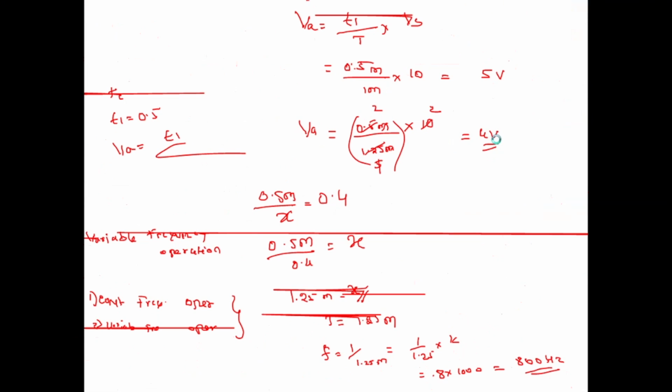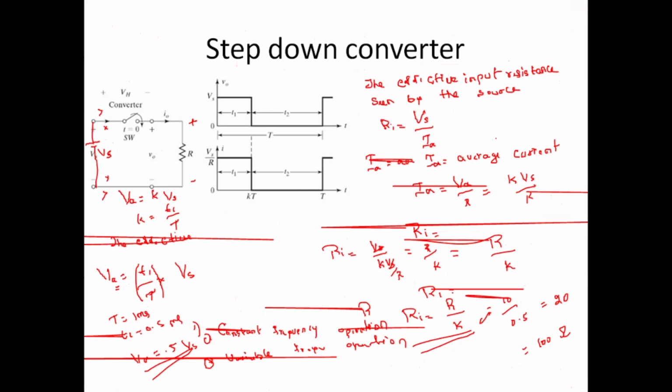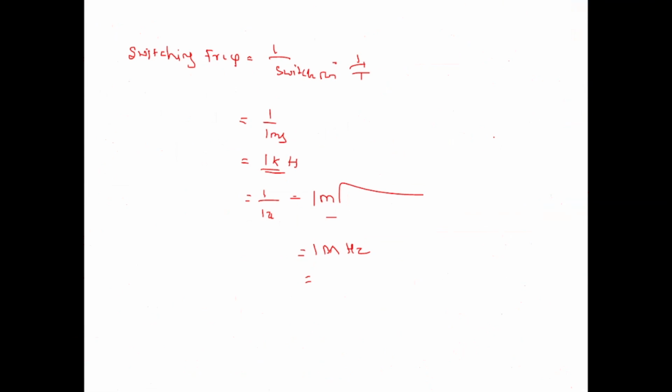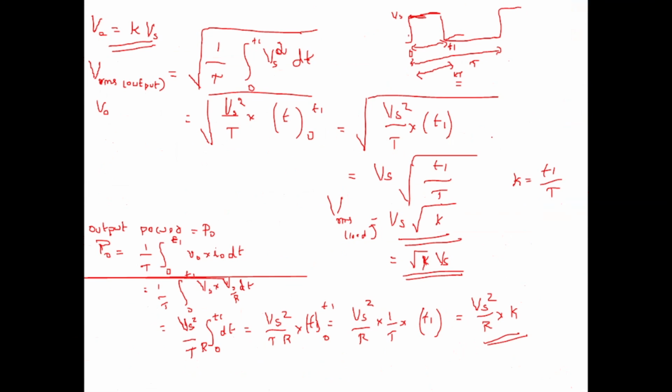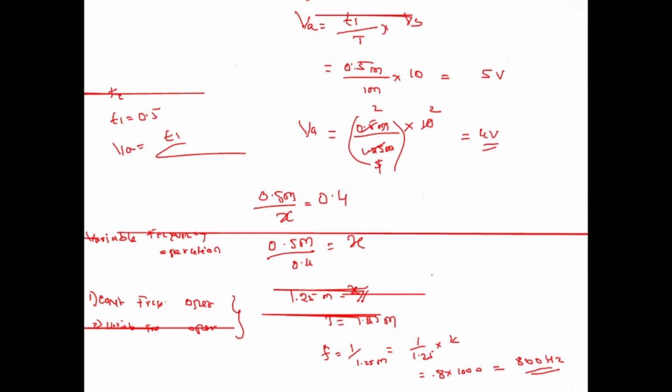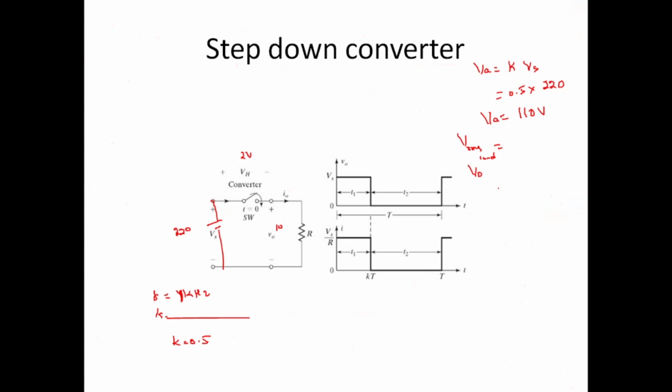You have seen it already. The RMS of the load formula is root of K into Vs.